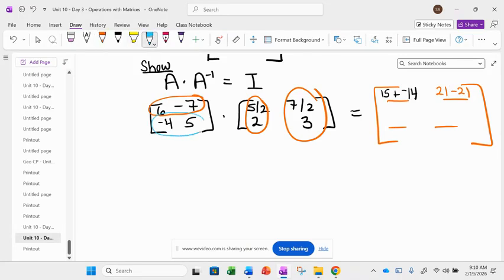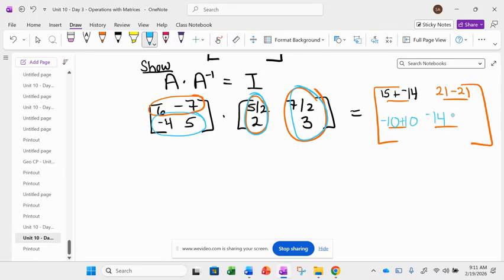Then we go on to the second row. Negative 4 times 5 halves is negative 10. And then 5 times 2 is a positive 10. Then we have negative 4 times 7 halves is negative 14.